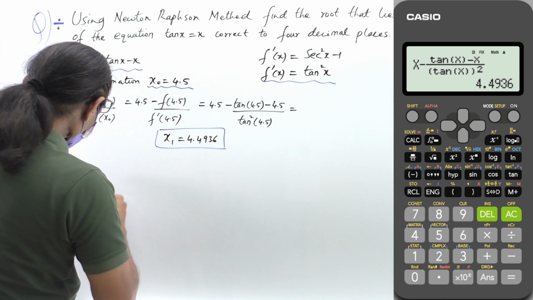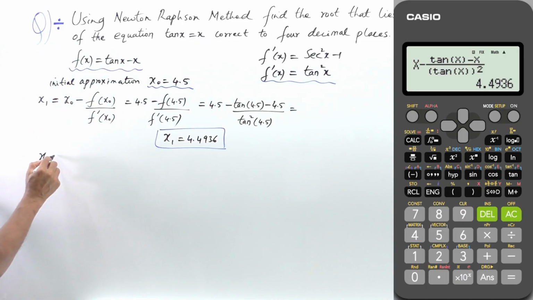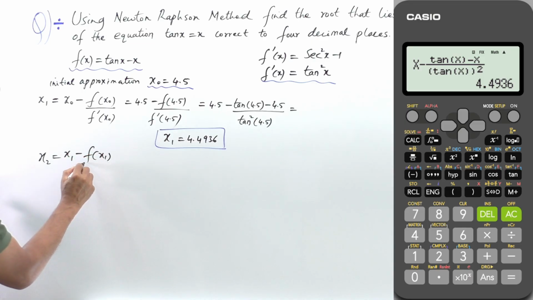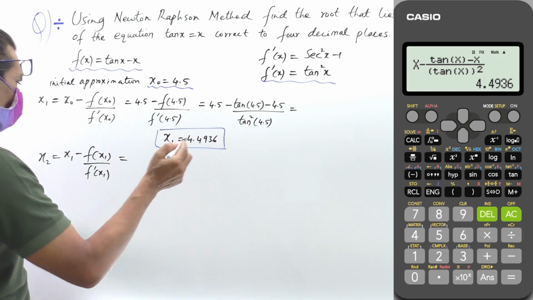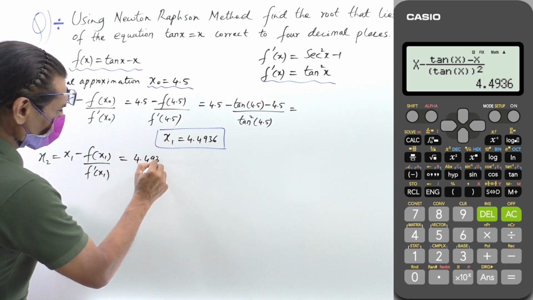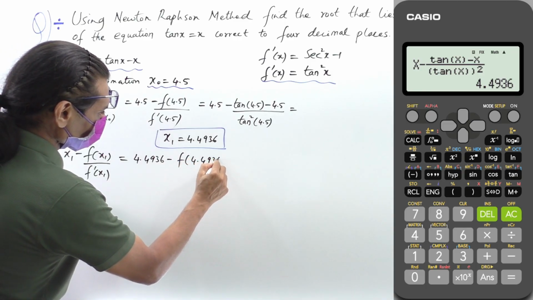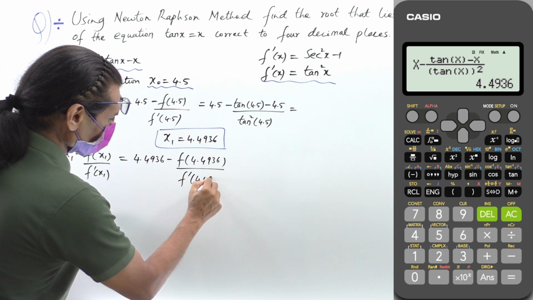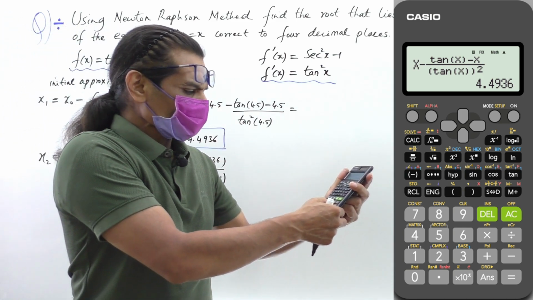Now the second iteration: x2 is equal to, similarly, x1 minus f of x1 over f dash of x1. For this you need not do everything, simply write what is x1, 4.4936. Now you do nothing here, just press equal to.